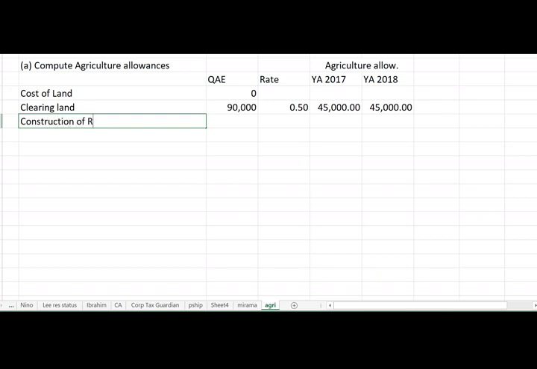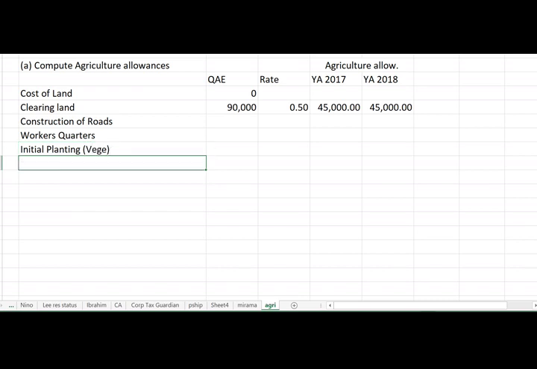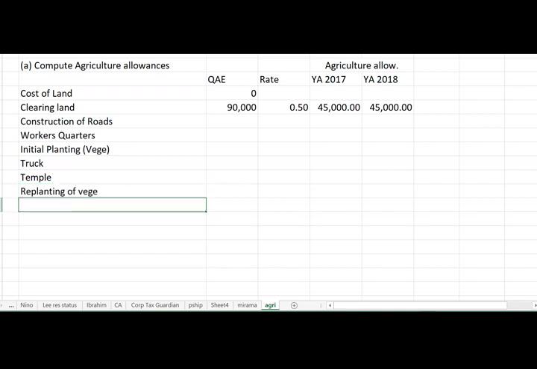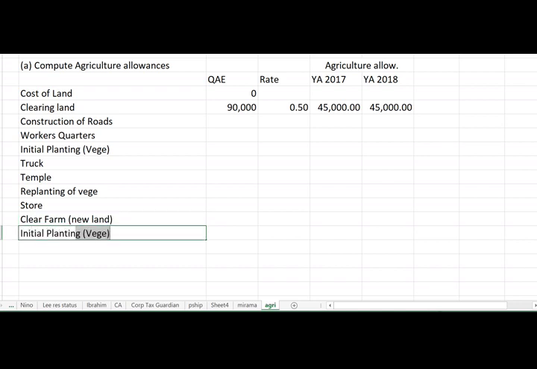Construction of roads, and then workers' quarter, initial planting of veggie. Okay, then there's a truck, there's a temple, there's a replanting of veggie, there's a store, and then they clear farm, the new land, and then they also have initial planting of corn.